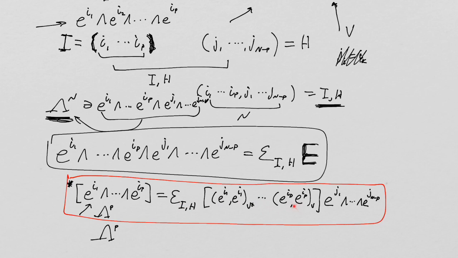Now notice, this is going to account for all of the specific signature of the inner product of the pseudo-Riemannian metric, because these inner products are always going to be plus or minus 1 because of our orthonormal basis choice.